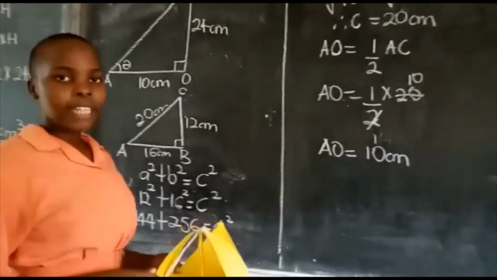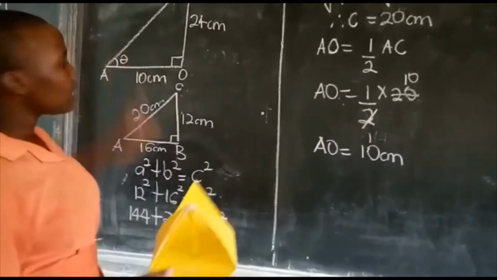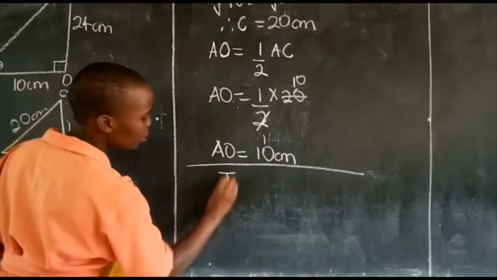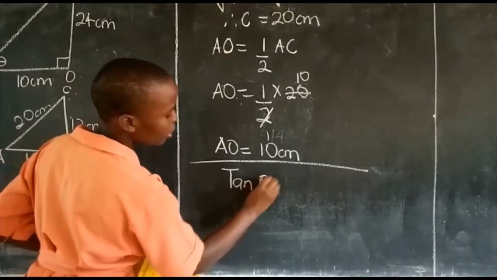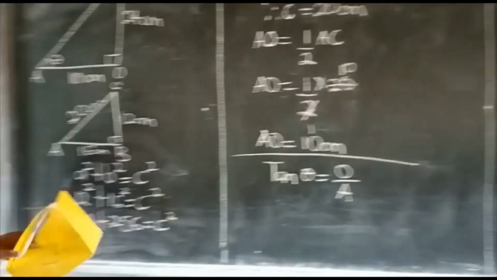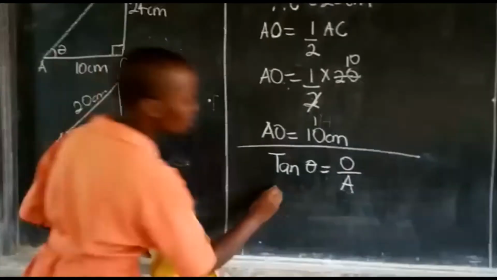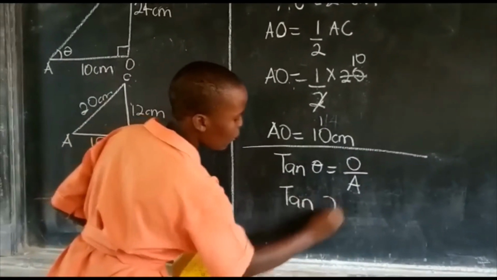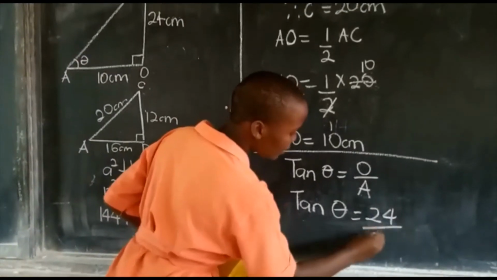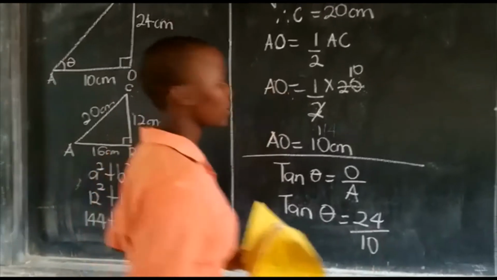So we shall use tan to find this angle theta. Tan theta equals opposite over adjacent, of which from here our opposite is 24 centimeters, over the adjacent, which is 10 centimeters.